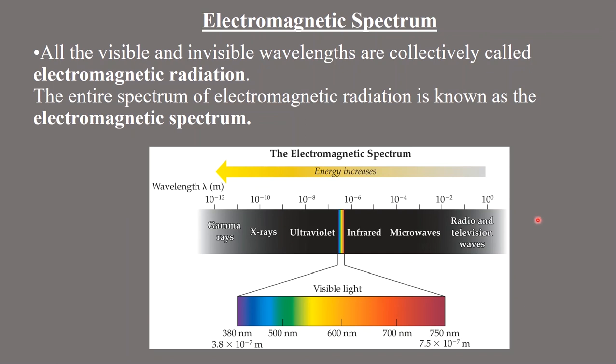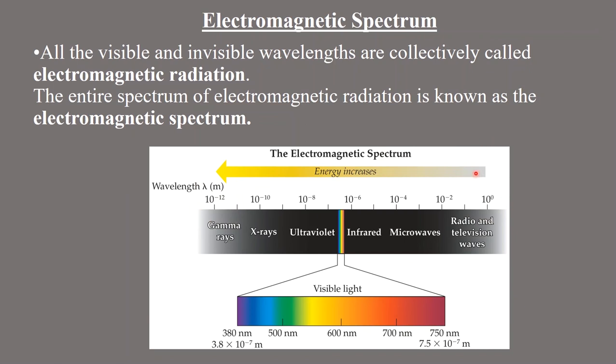In this image, on the left-hand side, the wavelength is the largest, 10 to the 0, and as you go from left to right, the wavelength decreases, and gamma rays have the smallest wavelength. Wavelength and energy are inversely proportional, so for radio and television waves, where the wavelength is the largest, the energy is the smallest.